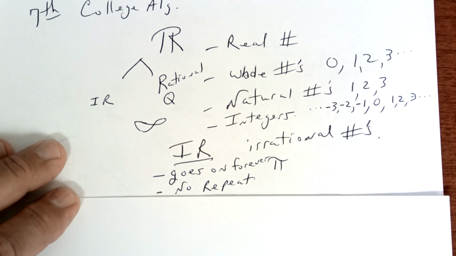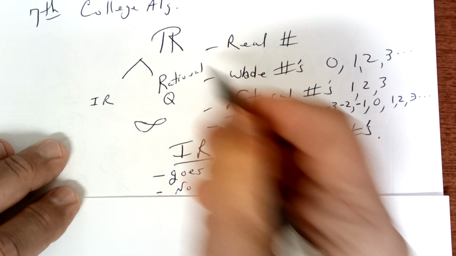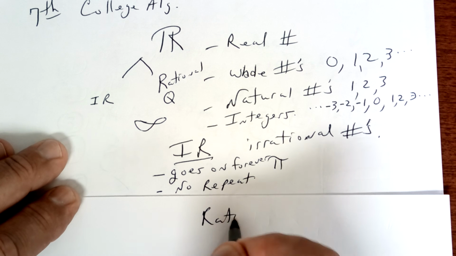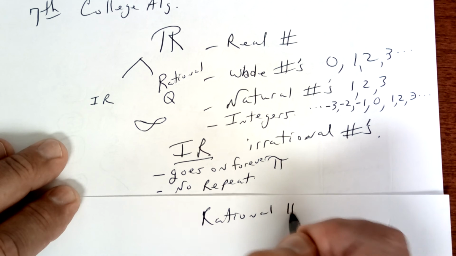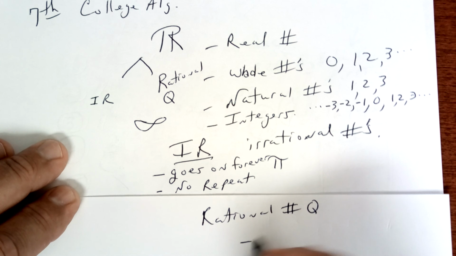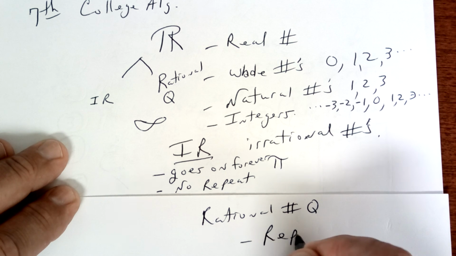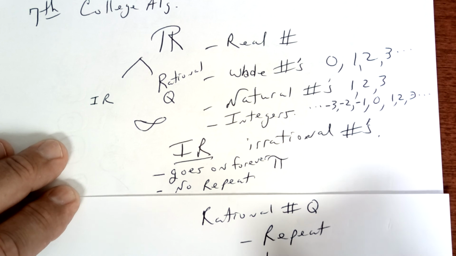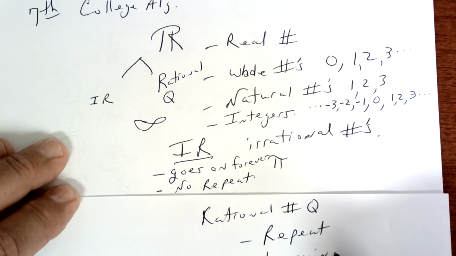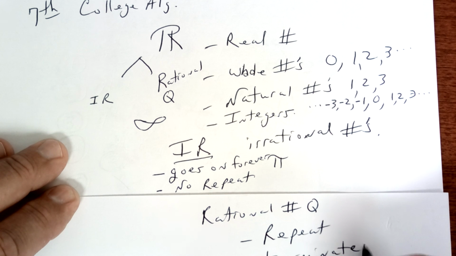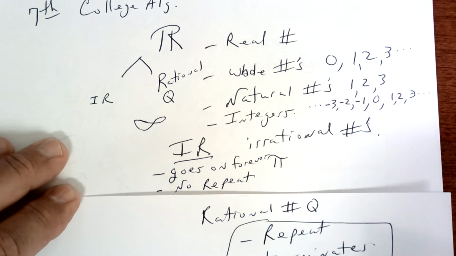A rational number up here, Q, repeats or terminates. That means stops. Okay, so if it repeats or stops, it's rational.